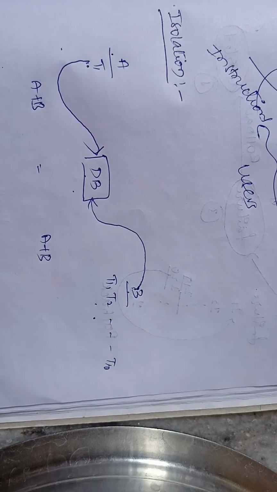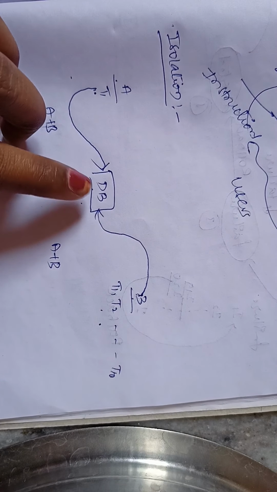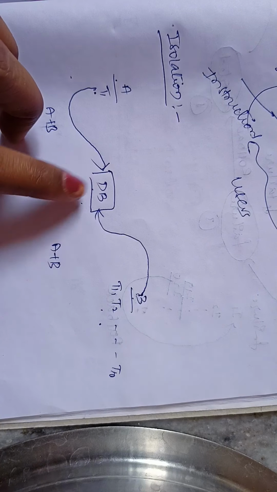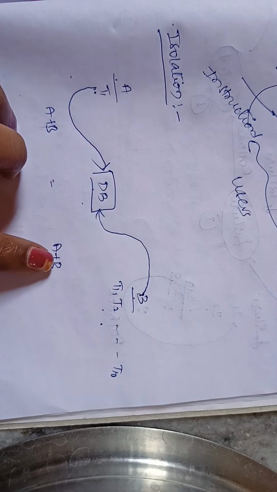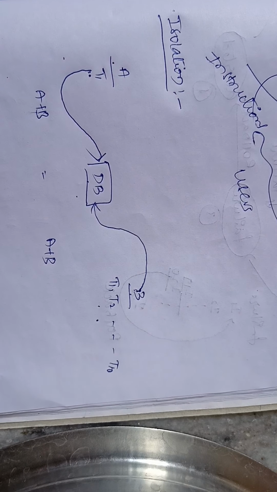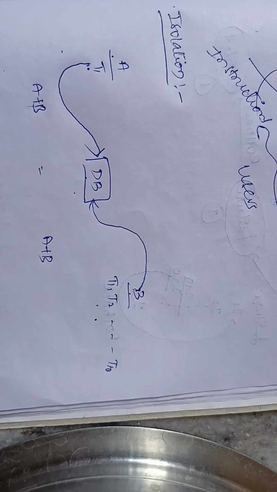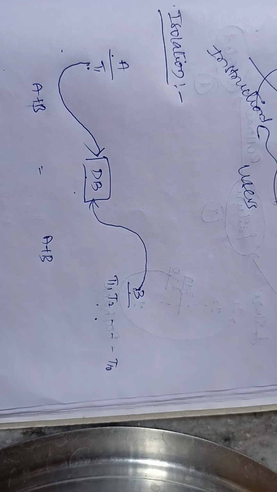The isolation property says that when multiple transactions of multiple users are working on the same database, the database has to give the same response to the different kinds of users. Suppose you take a railway system. You go to the counter and take a ticket, and at the same point of time, in different cities, they are using the same railway database.